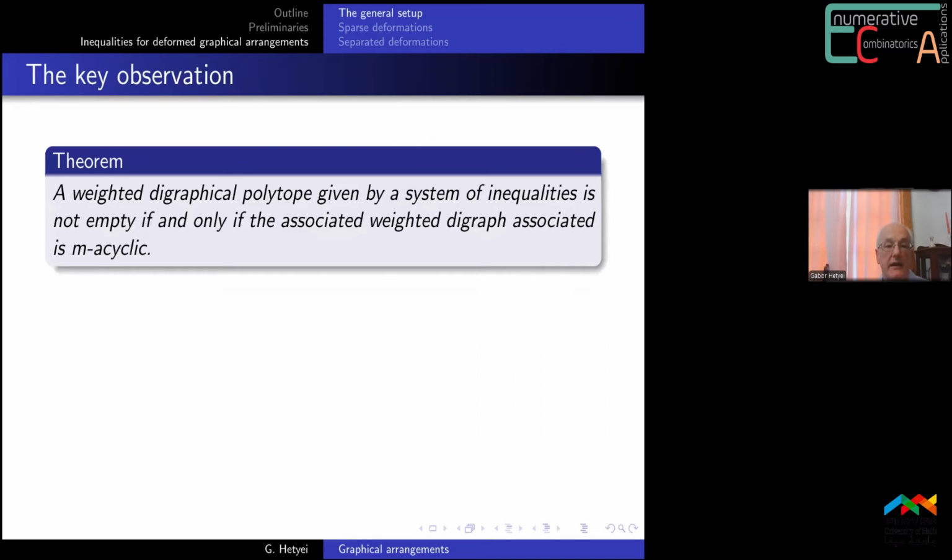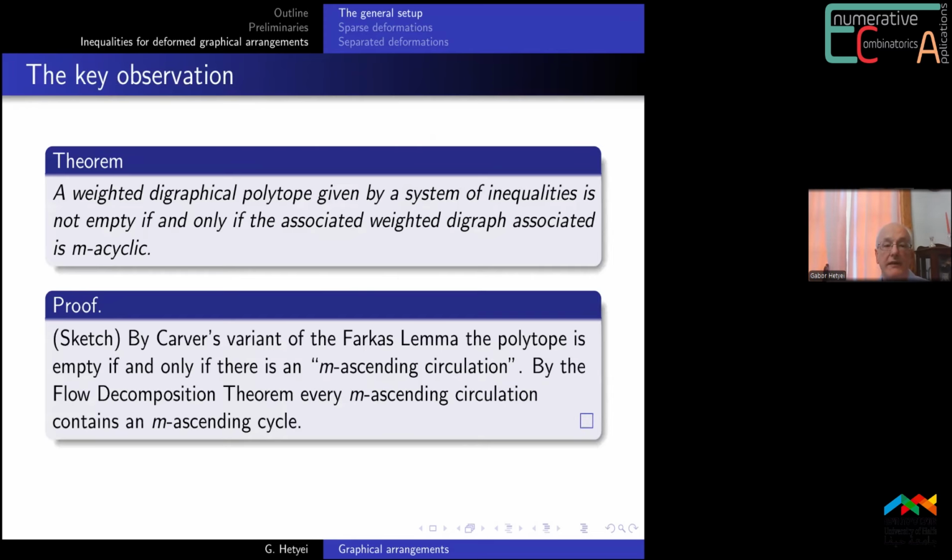Okay, and then the key theorem is the following: if I look at the digraphical representation of such a list of inequalities, I get a non-empty region defined if and only if there is no cycle in the graph where adding up the weights of the edges around the cycle gives you a non-negative weight.